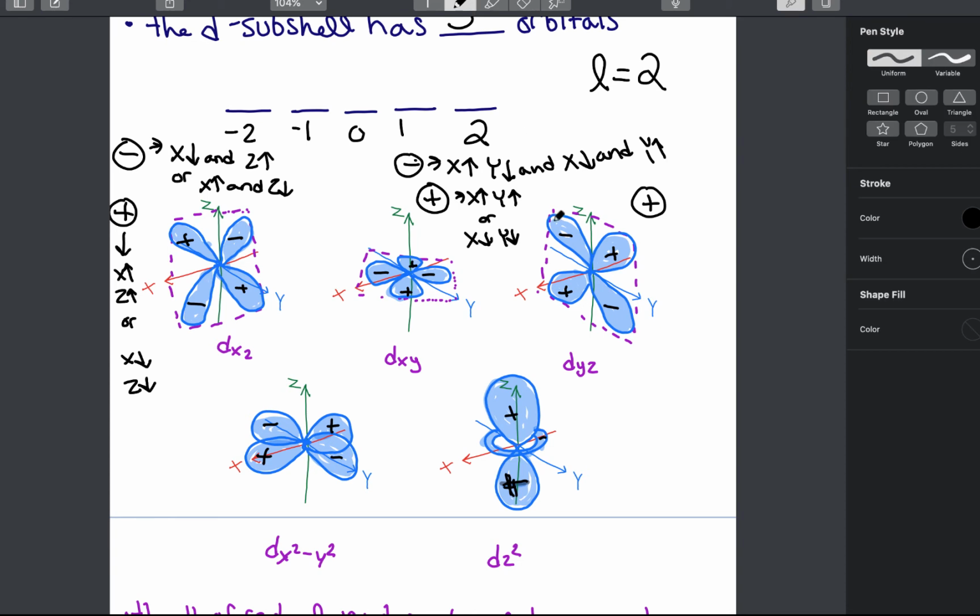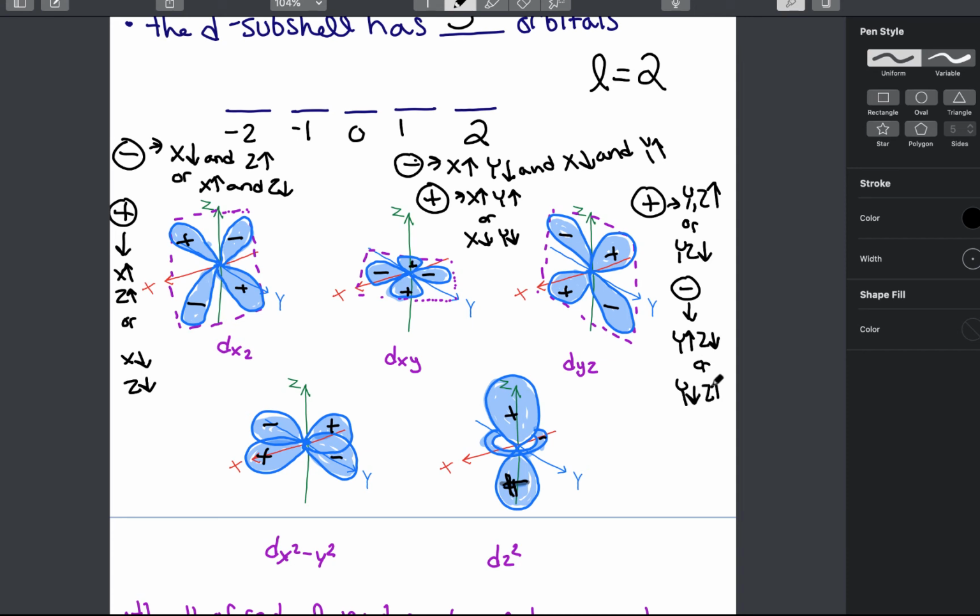So if you have a positive end of the orbital, it will be when y and z both increase, or when y and z both decrease. And if you have a negative end, it will be when y increases and z decreases, or when y decreases and z increases.